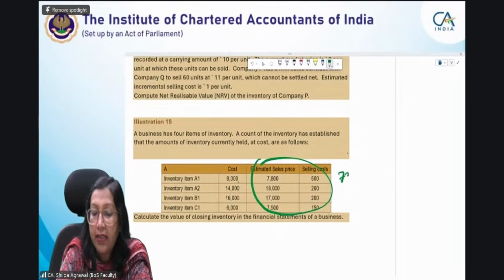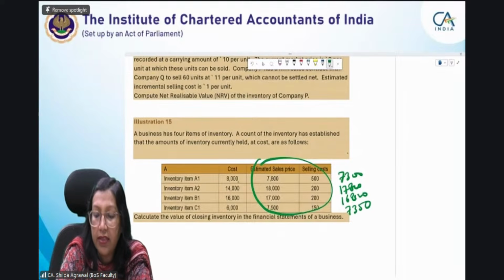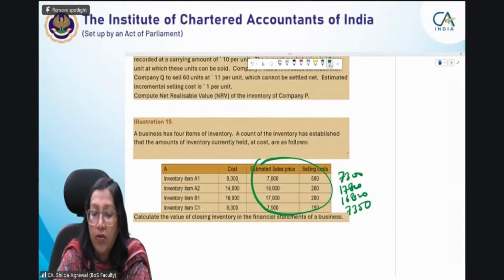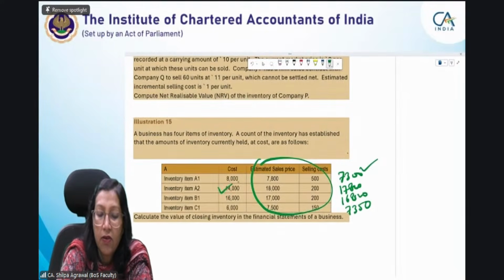It is 7,300. Here it is 17,800. It is 16,800. And here it is 7,350. So of 8,000 cost and NRV, whichever is less, this is less.